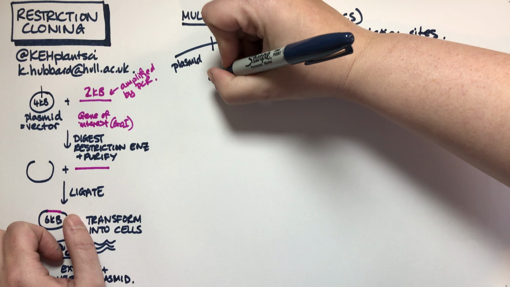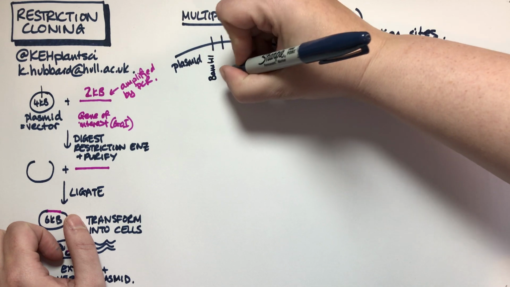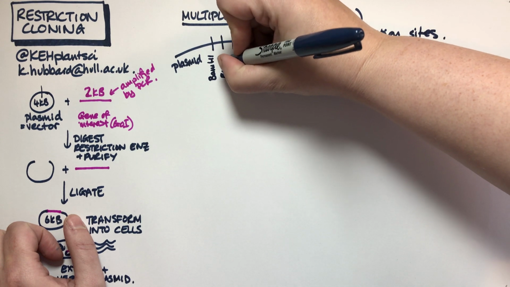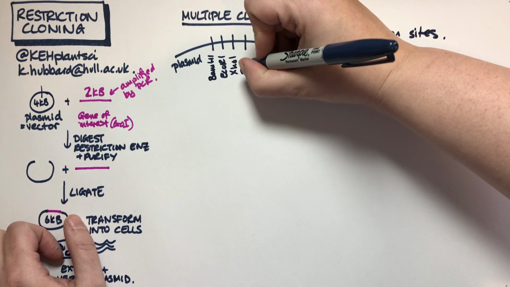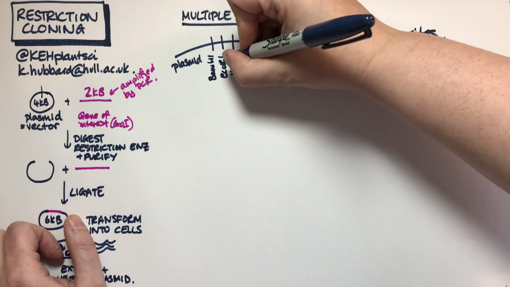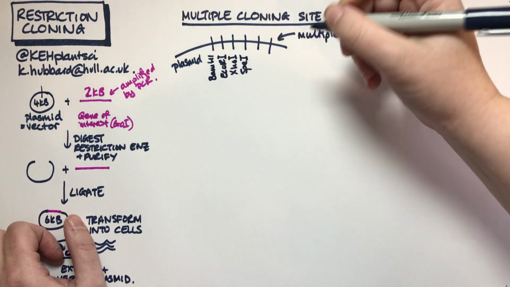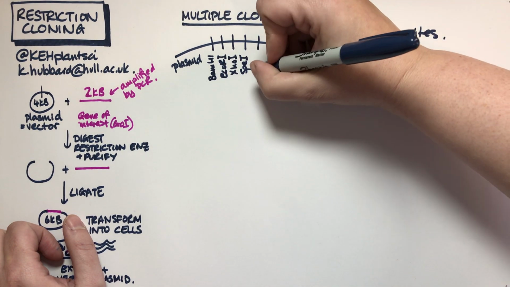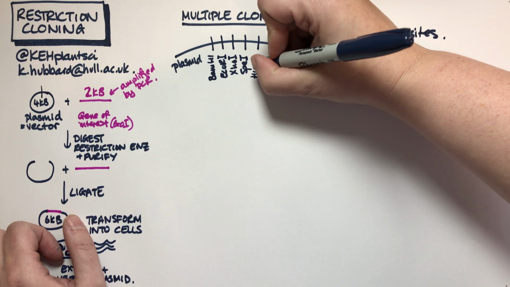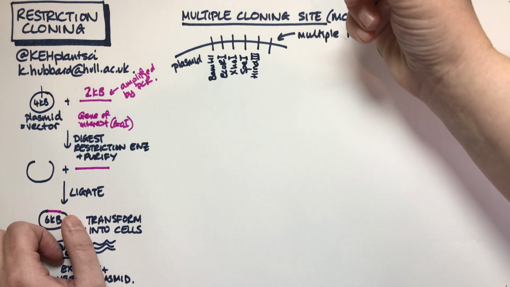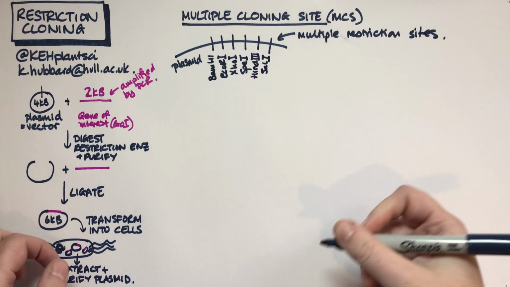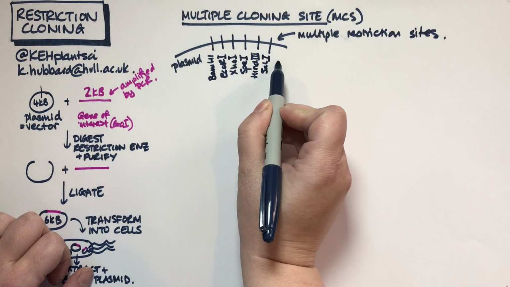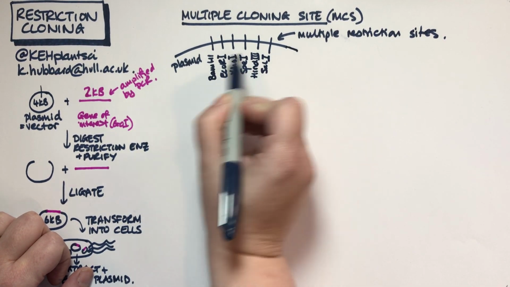Let's say we've got BamHI, we might have EcoRI, we might have XhoI, we might have SphI, we might have HindIII, and SalI, let's say.